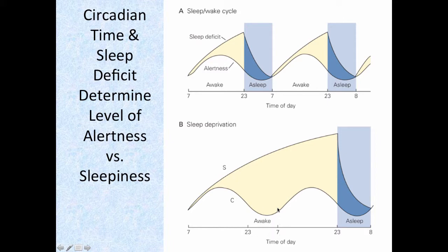Okay, so they'll be much more alert between 7 and 12 than they were between 23 and 7, even though they've been awake for even longer. And then this subject B will find it the hardest to stay awake between the hours of 12 and 23 on day 2 because his alertness is beginning to fall and his sleep deficit is reaching its peak.